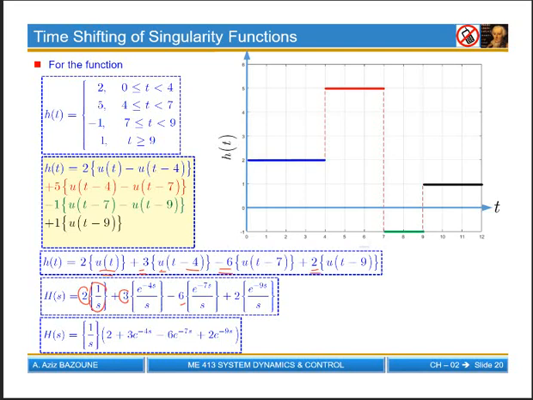Now you rearrange, you can take 1 over s common, and this will be your Laplace transform of this one. Still, you can do it with the integration, as I have mentioned before.